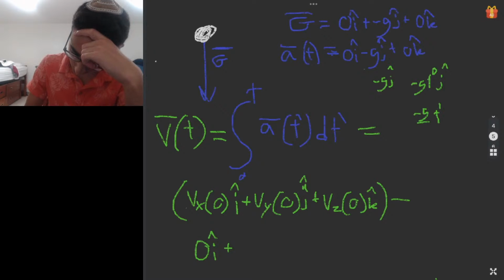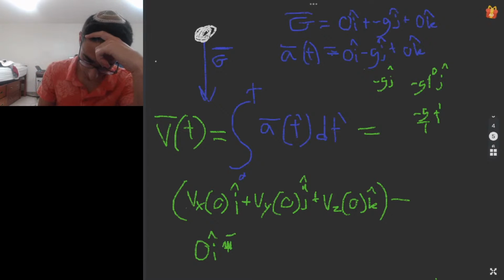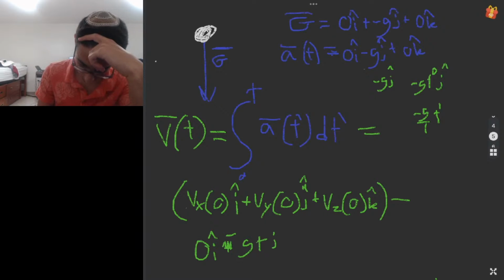Negative g over 2 would be our new coefficient, which is just negative gt. So it's going to be minus gt j hat, plus, and again, this is just going to be 0 k hat.